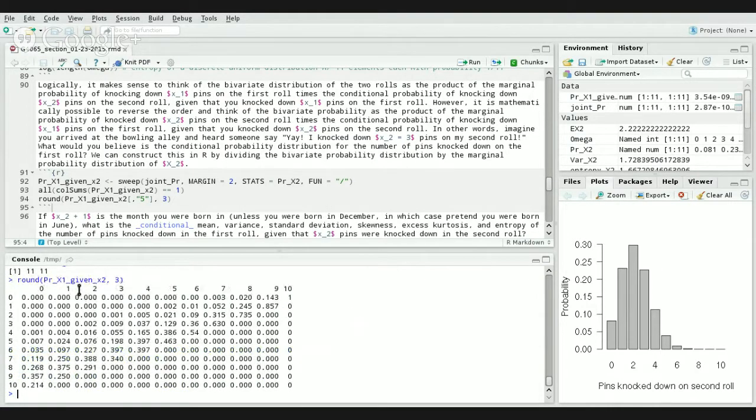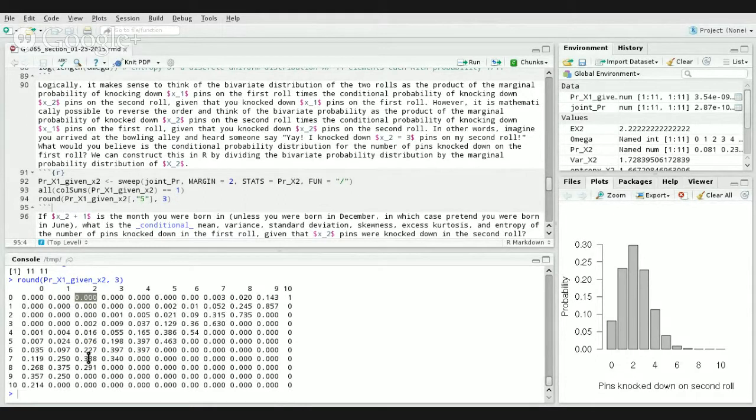So within each column, these probabilities are going to sum to 1. So what this tells you is, given that 2 pins were knocked down on the second try, what is the probability that a certain number of pins were knocked down on the first try? You can see these numbers, although they look like 0, are slightly positive.